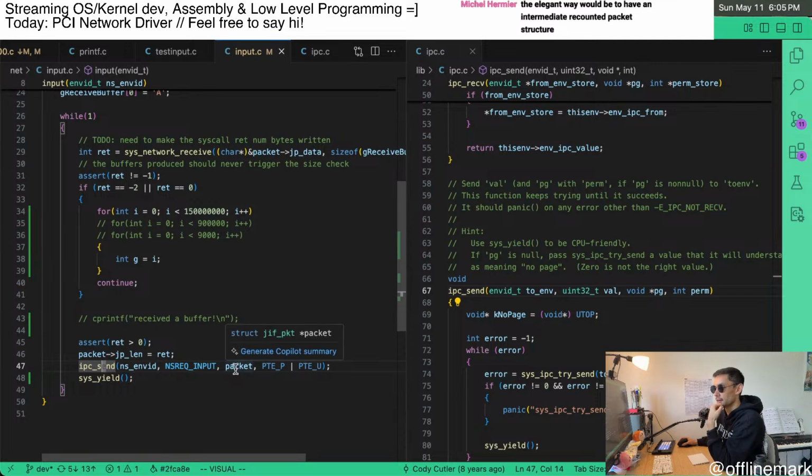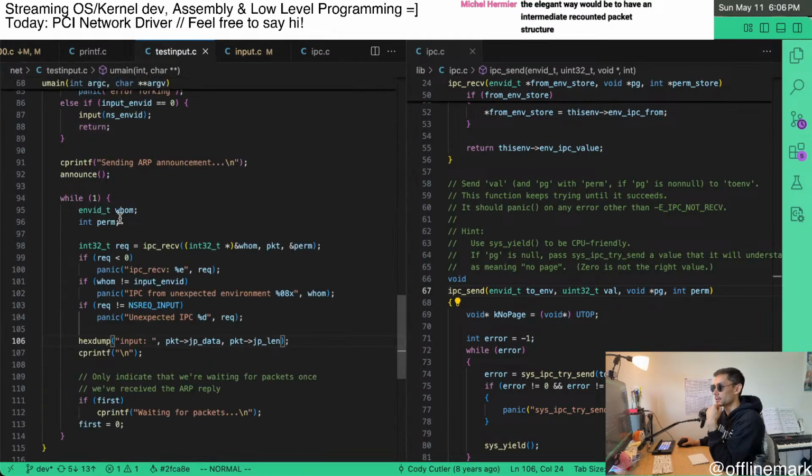In one process we can construct some memory and then pass that off, and then the receiver is responsible for declaring a place to receive that on their side.